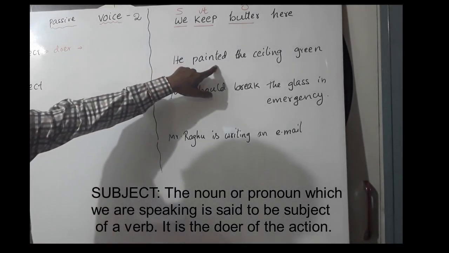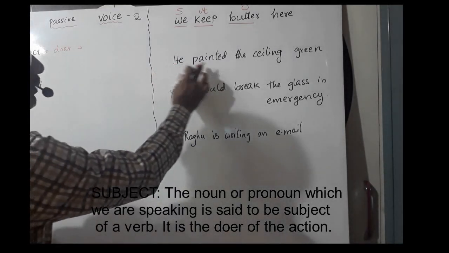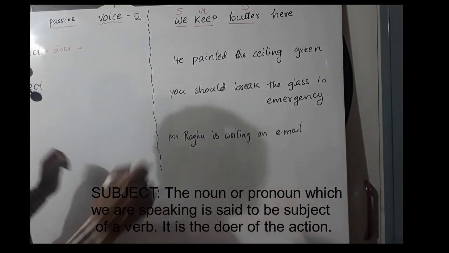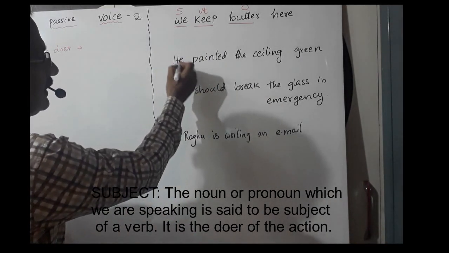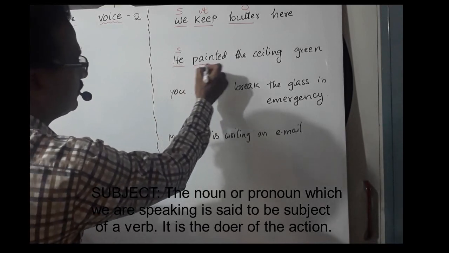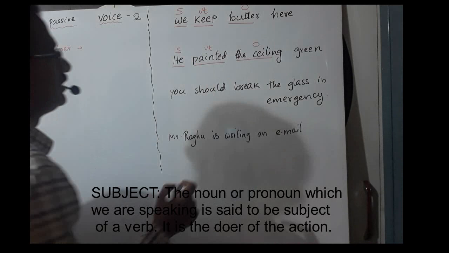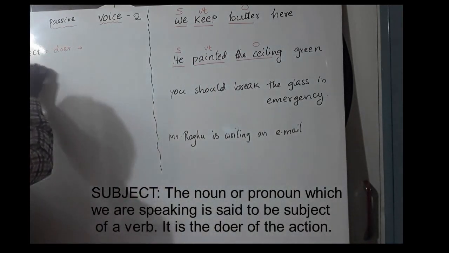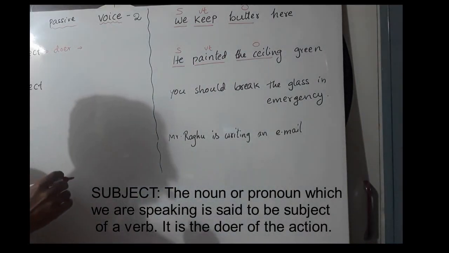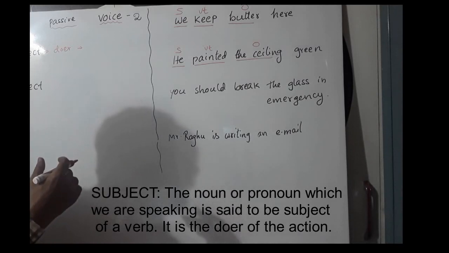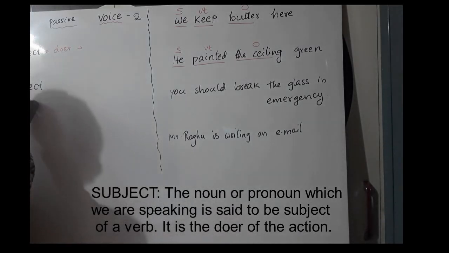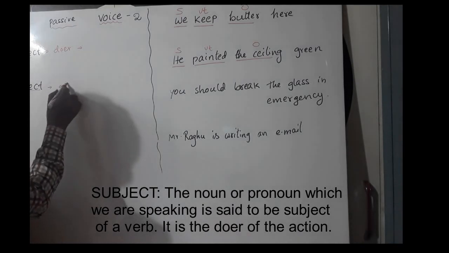Subject is the doer of this action. He painted the ceiling green. What is subject here? He. What is verb transitive? Painted. What is object? Ceiling. So subject means the doer of the action which performs the action, and object means the affected.